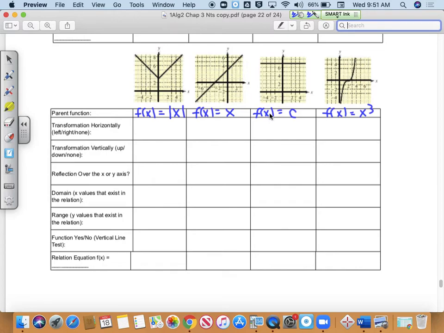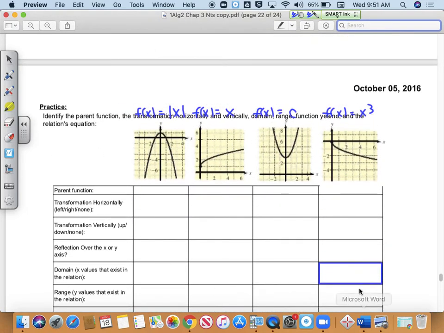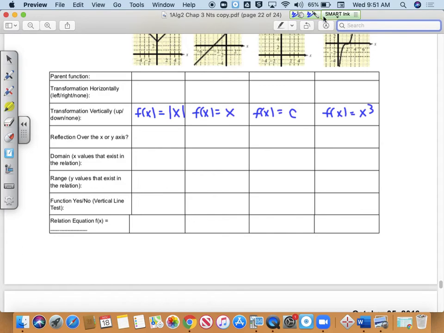So what I want you to do, please, is try and fill out the rest of this stuff here. Look at the graph and see if it's moved up or down, left or right, reflect it, list the domain, list the range, and create your equations for all 4 of these. Instead of me going through in video form, what I have after this video is an answer key to the whole entire page, the beginning and the end, that I would like you to please fill in after you try it on your own.